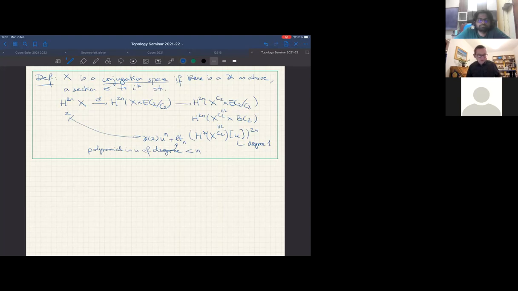Okay, so that's the definition, and it might look like it comes from nowhere, but just with that, there are super nice properties.